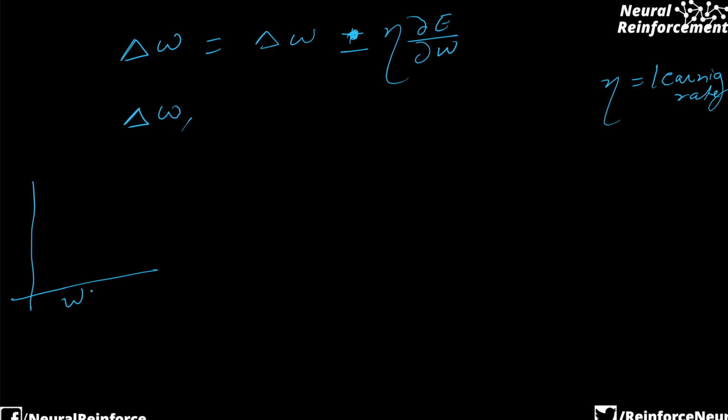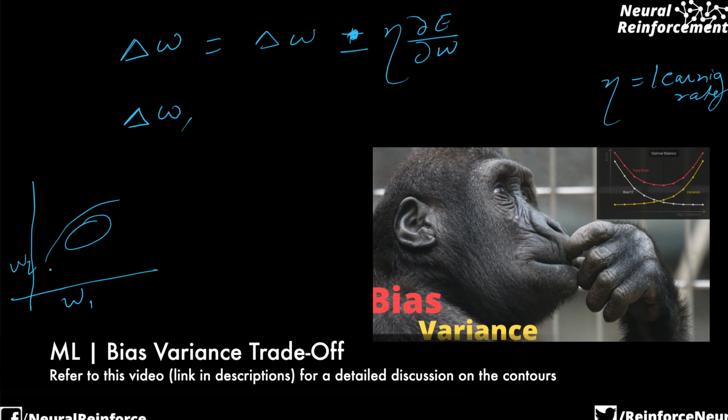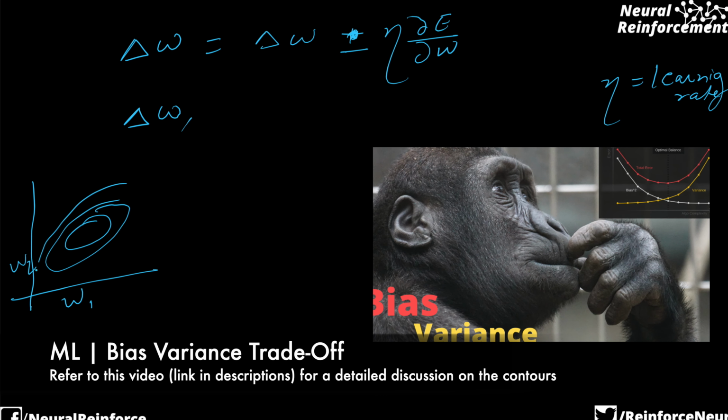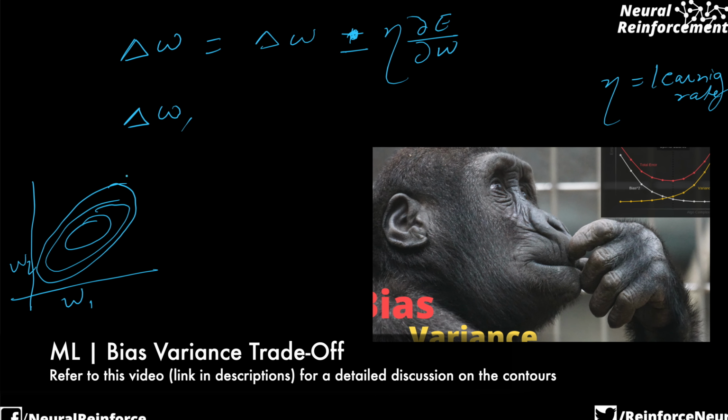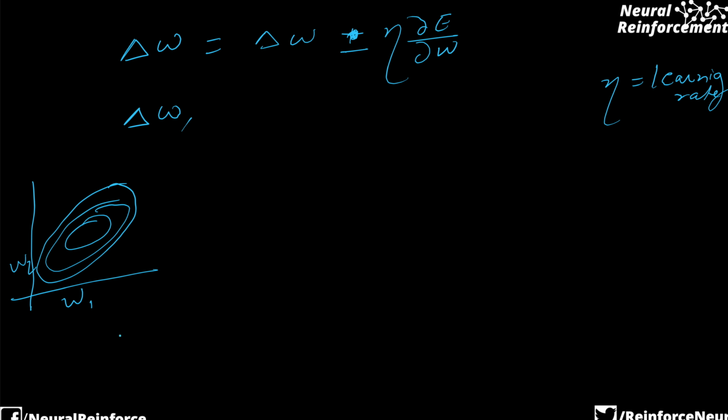So on a 2-dimension map, if you were seeing the contours, it would have looked something like this. We explained this in the bias variance chapter and also the Bayesian video. Please have a look. But now since we have disintegrated that into W1 separately and W2 separately, you have two different maps. You can assume it this way, W1 and W2, and you may actually find some different shapes in this.